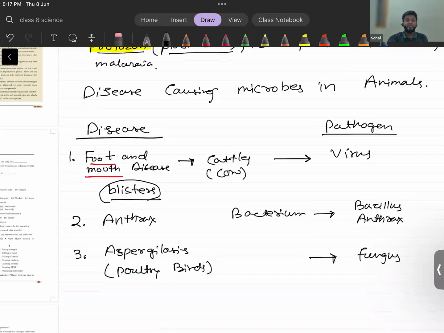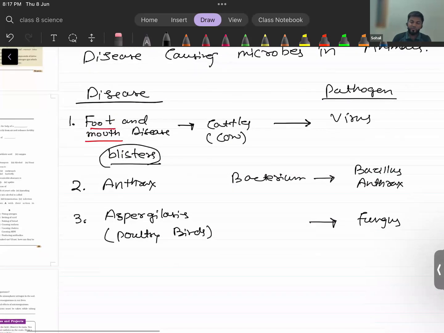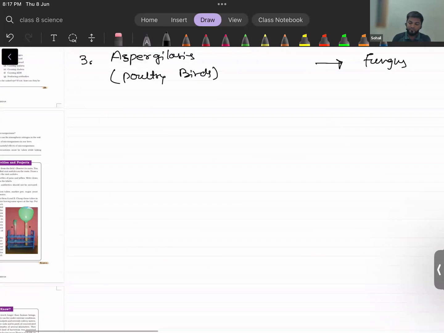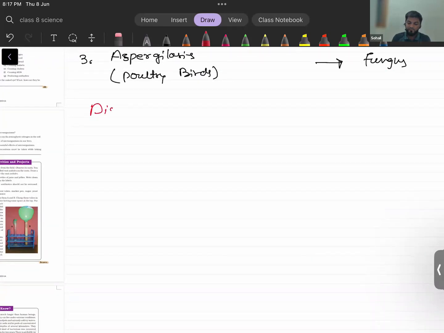Now the next thing is disease causing microorganisms in plants. Can you name some diseases caused by microorganisms in plants? Any idea? Plants also get infected by microbes.